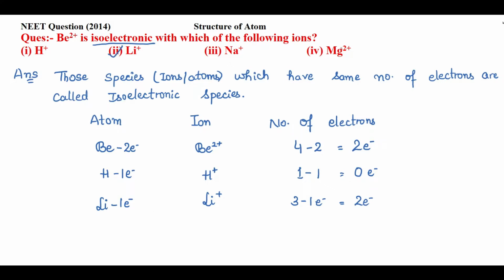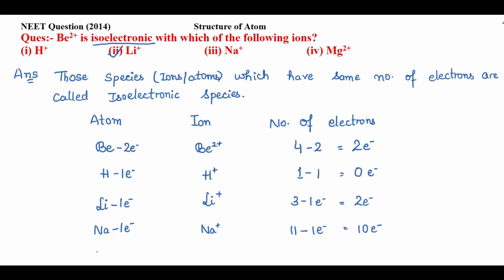We'll see the number of electrons in Na positive and Mg2 positive also. So if I'll subtract 1 electron from sodium atom, it will form Na positive. Number of electrons in sodium equal to 11 minus 1 electron, it will be 10 electrons.